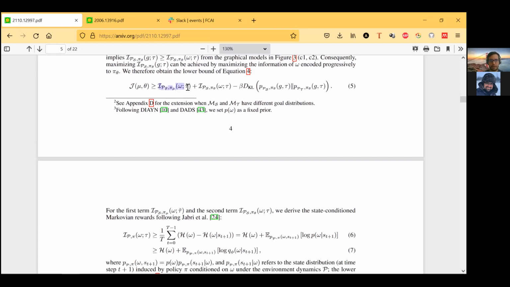So now if you pick any of these mutual information terms, they use this inequality to go from an objective that is with respect to a full trajectory to an objective that is with respect to a single state. And it's the same kind of inequality, because you have some omega.